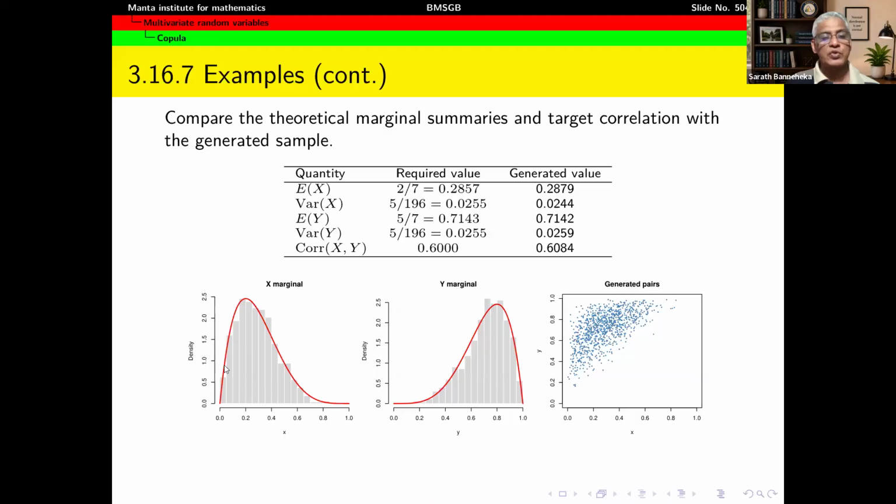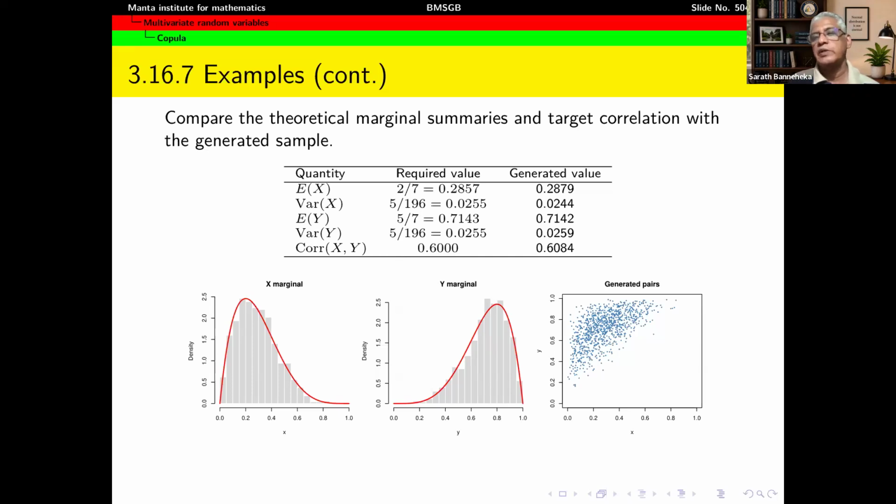Also when we draw the histogram, we can see that it has the shape of a beta distribution, right? So that's a confirmation that the generated data actually have the required marginals. But this is the joint distribution, right? The scatter plot of the generated data Y versus X. By the way, we wanted the Pearson correlation coefficient between the generated data to be 0.6. Therefore, we calibrated rho to be 0.633.